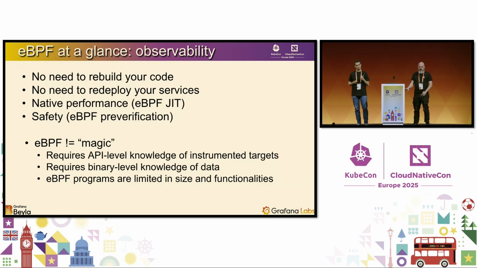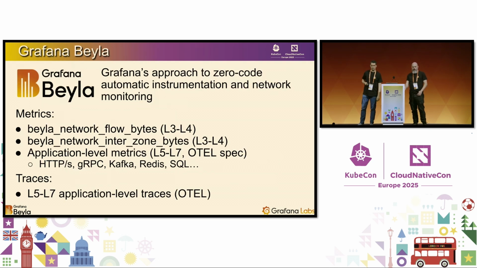You don't have to think at a code level, but how the information is structured at a binary level. And also, eBPF programs are limited in size and functionalities. So instrumenting an application at the network level requires multiple small programs to be coordinated in a common effort.